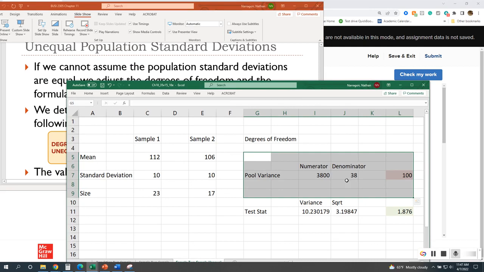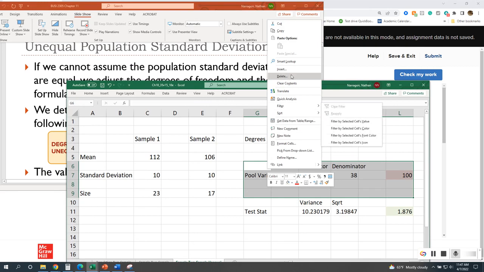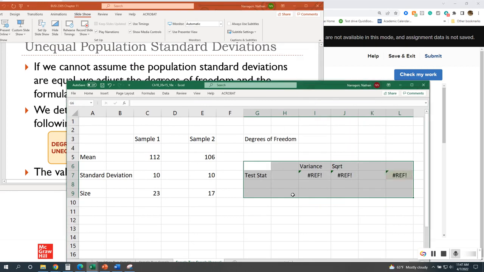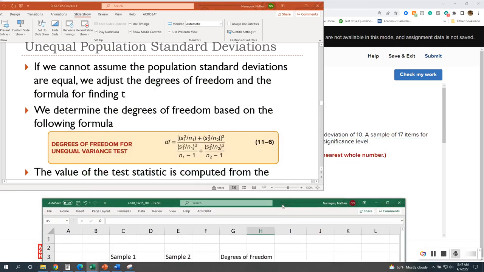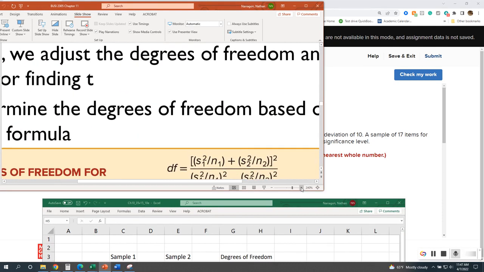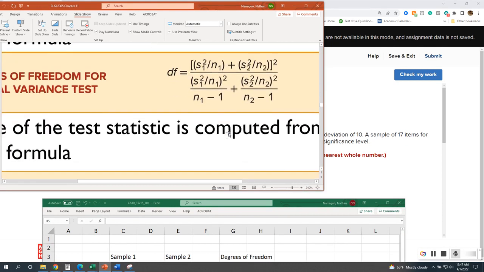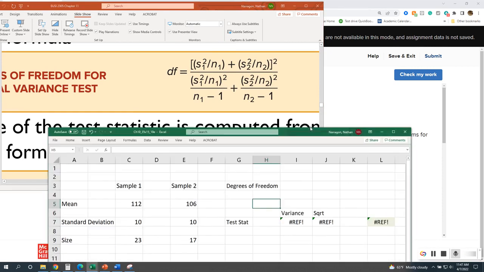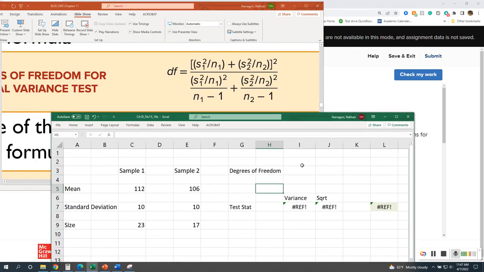So this goes bye-bye. Now the fun part. Let's zoom this in so we can see it better. And definitely we're going to change this.